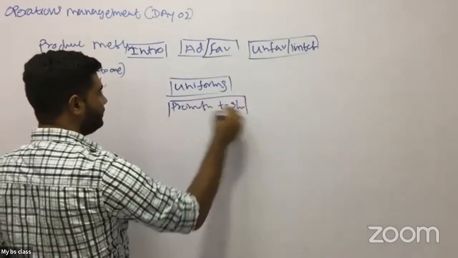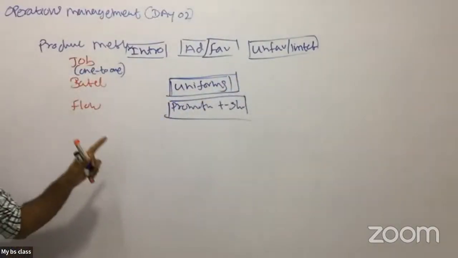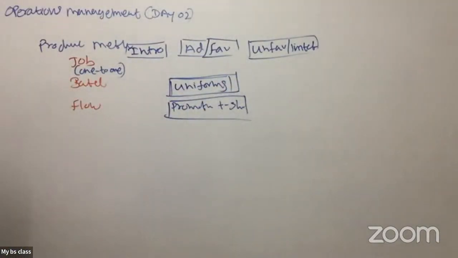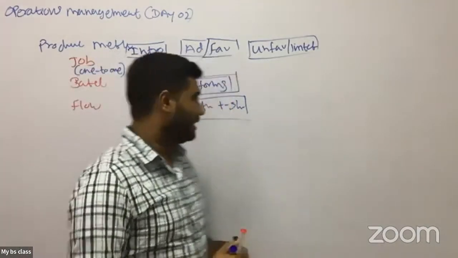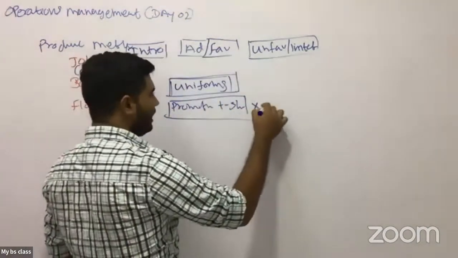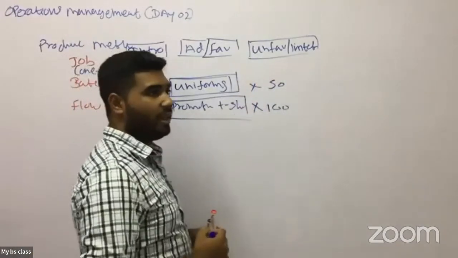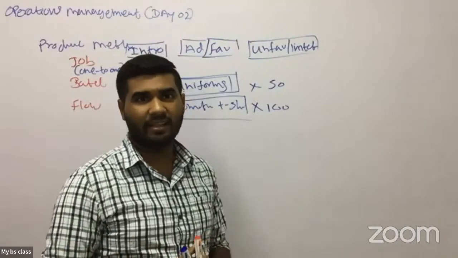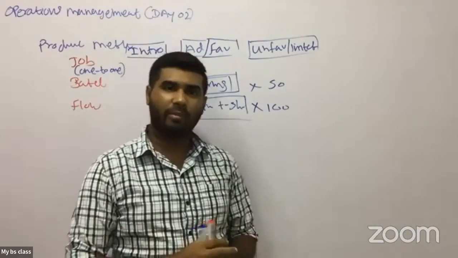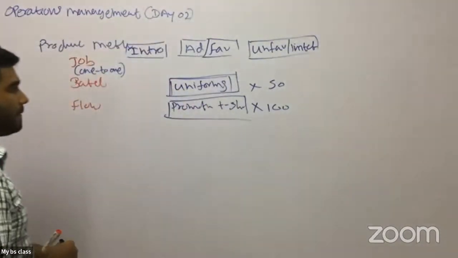So here one batch will be produced. So compared to the job production, the cost is a bit less. Why? For example, let's say promotional t-shirts, 100 t-shirts, uniforms, 50 uniforms. So then you will purchase bulk materials, not like a flow production, but still you will be purchasing some materials.